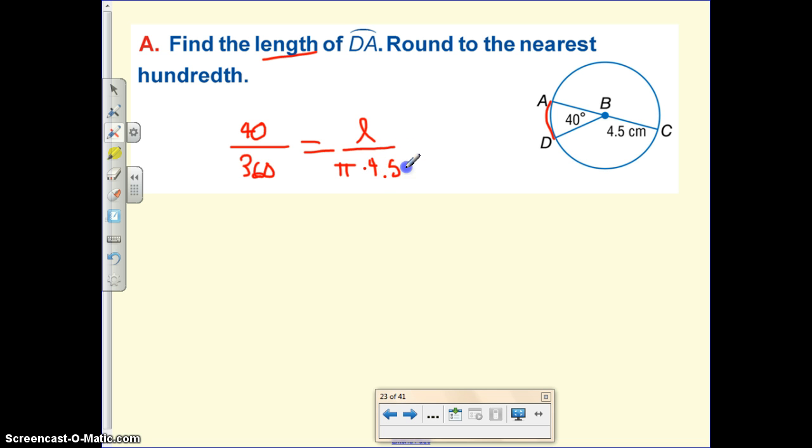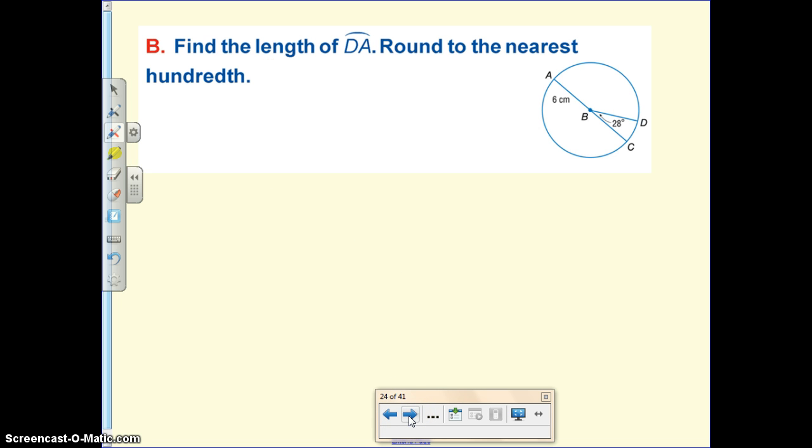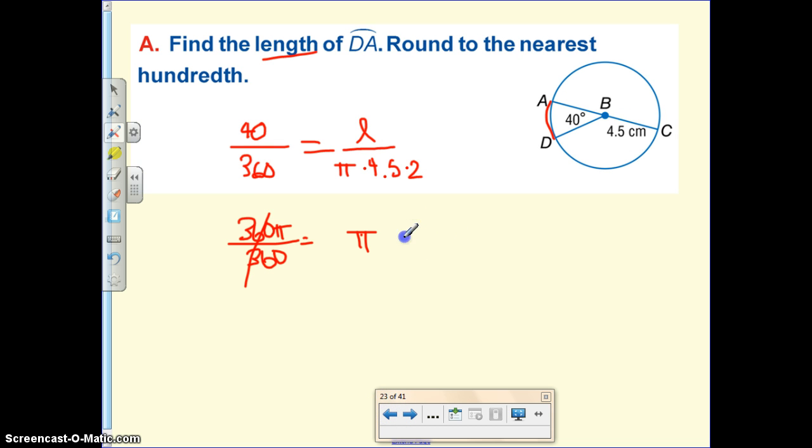Oh, I'm sorry, pi times r times 2. That would have been for area. And then we can cross multiply and solve. And in this case, our arc length ends up equaling pi. Oh, and they did ask us to round to the nearest hundredth, so that would be 3.14.